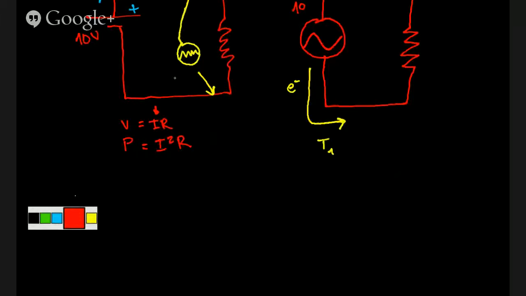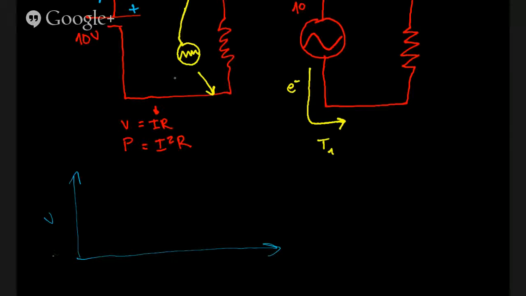And we'll get a plot of amplitude, which is voltage, and time. Call this 0 volts, and this is time. Doesn't really matter what units.